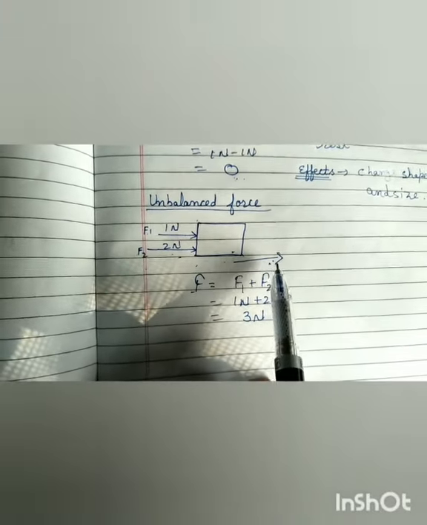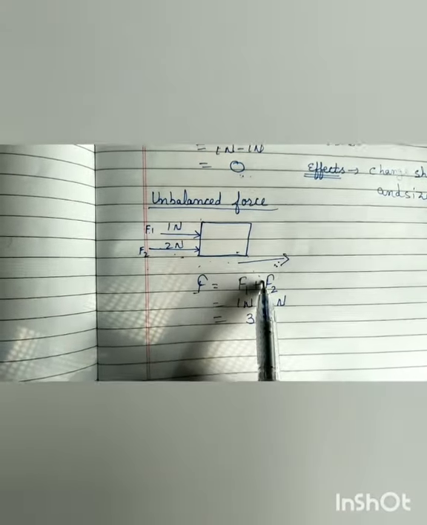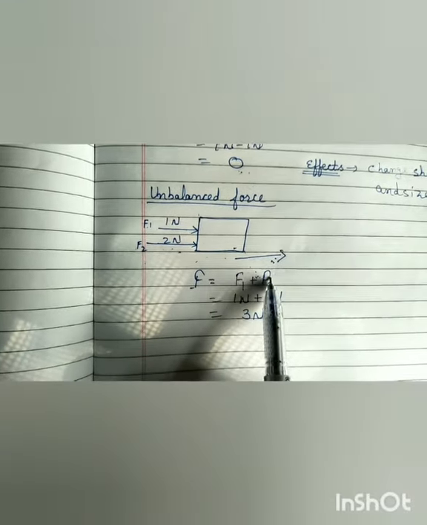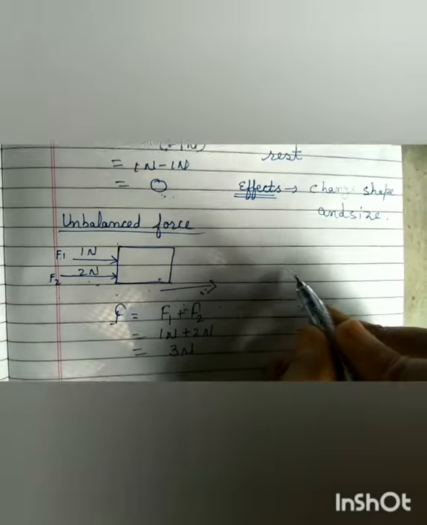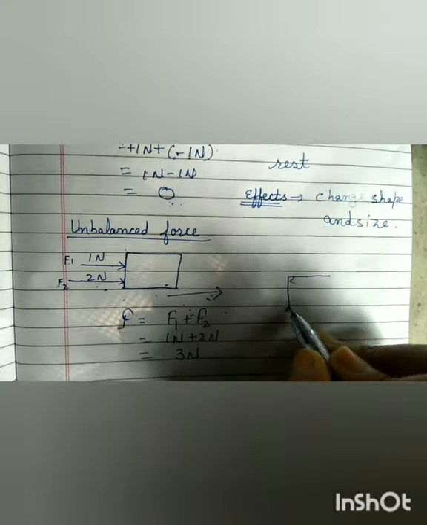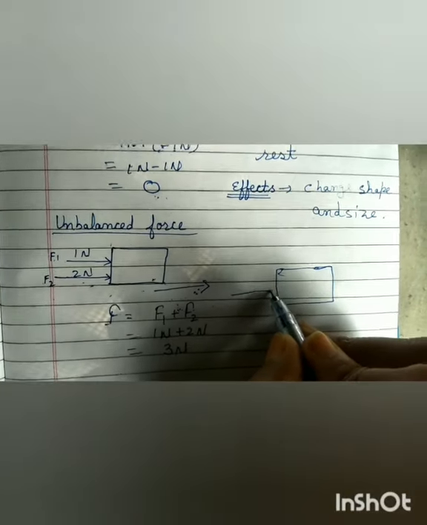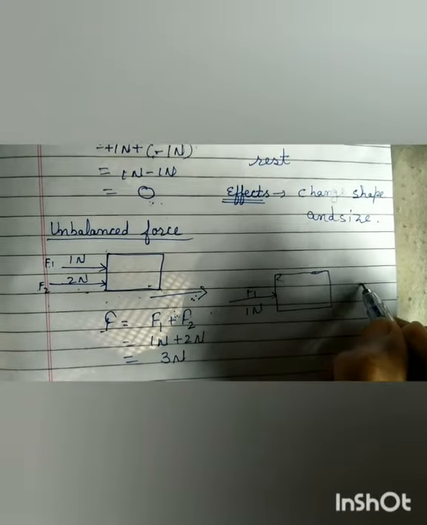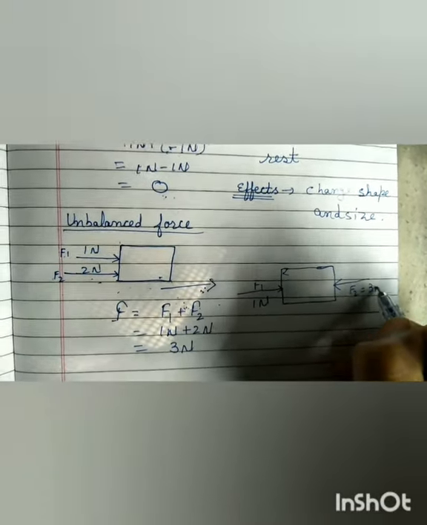It concludes that an object always moves in the direction in which the net resultant force is acting. To explain this, let us consider one more example. Suppose we have an object, and on this object two forces are acting, F1, which is 1 Newton, and second F2, let it be 3 Newton.